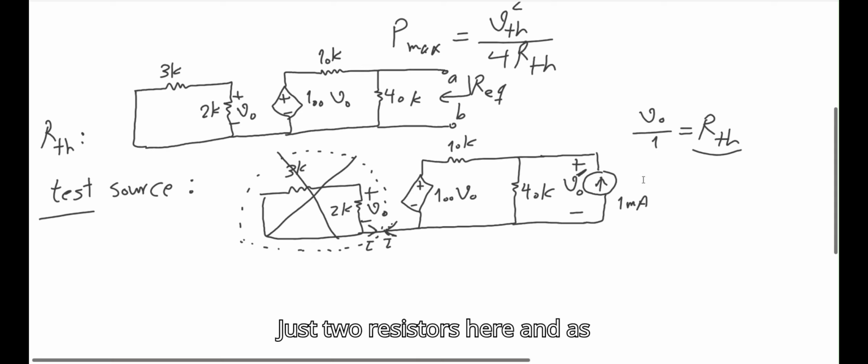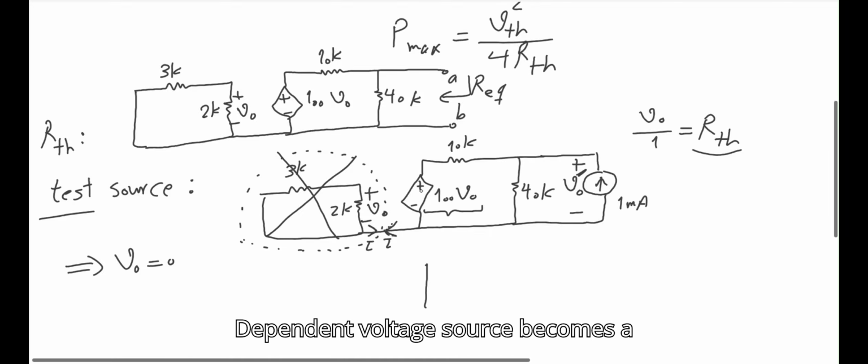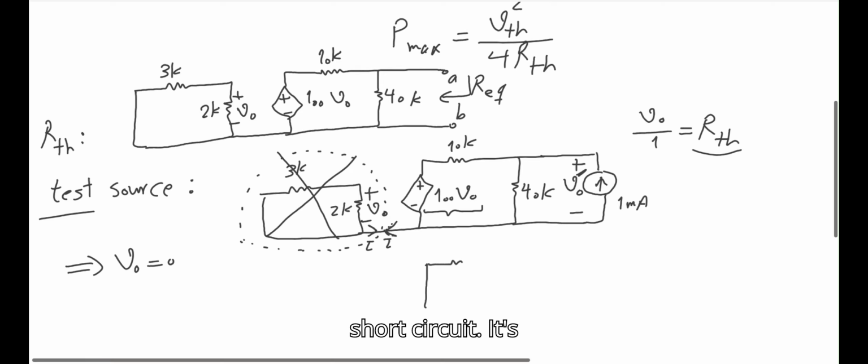just two resistors here, and as I cancelled this part of the circuit and I know that there is no current passing to this left side, the current here is 0. As a result, I can say the VO is 0. Over here, if the VO is 0, this dependent voltage source becomes a short circuit.